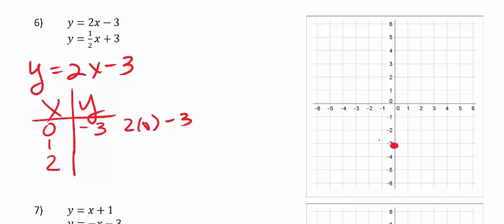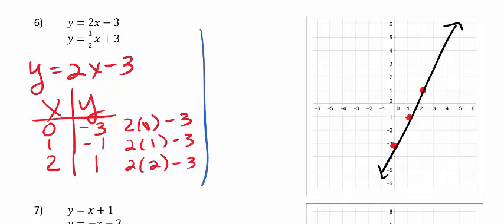Plug in a 1, that's 2 times 1 minus 3, and that's 2 minus 3, which is negative 1, so the next point is 1, negative 1. And then we can plug in a 2. 2 times 2 is 4, and 4 minus 3 is 1, so we have the point 2, 1. Go ahead and connect those points with your straight edge.